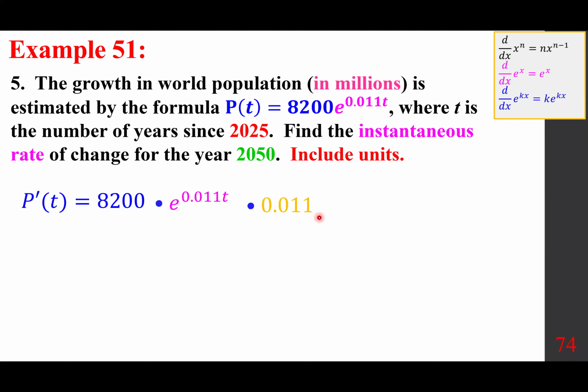So in essence, the derivative of e to the power of kx is e to the power of kx times k. That's what this number is. So 8200 was there already. So obviously, we're going to multiply these two first, and we get 90.2 e to the power of 0.011 t.